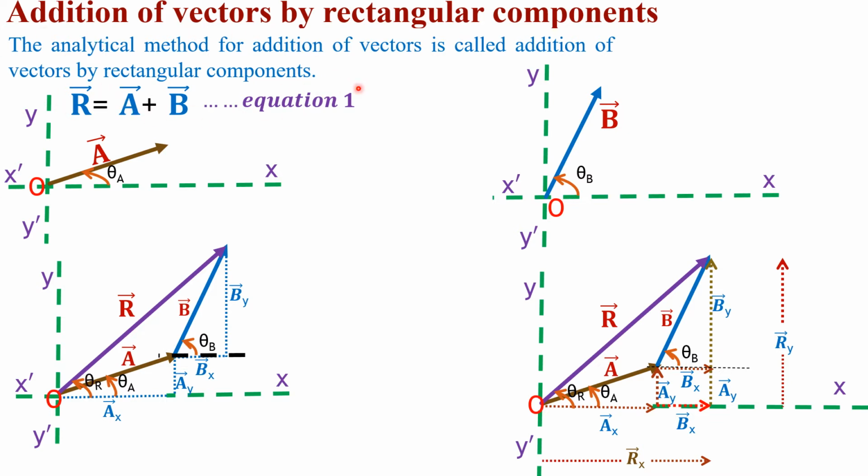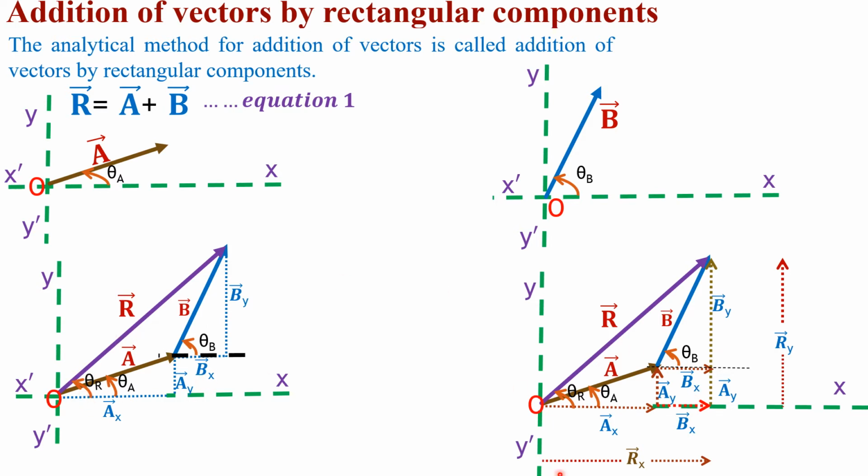We can divide vector A into its components, vector component ax along x-axis and vector component ay along y-axis. We can split vector B into its two components, vector bx along x-axis and vector by along y-axis. Resultant vector R makes angle theta R with x-axis.